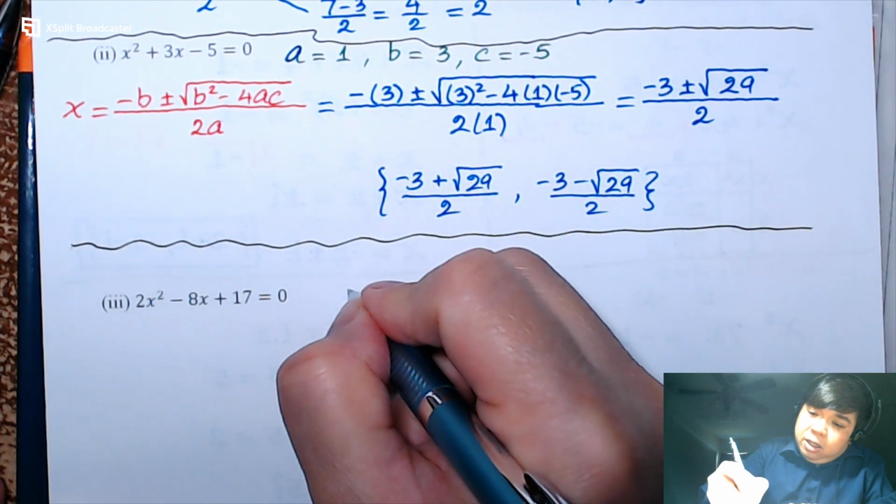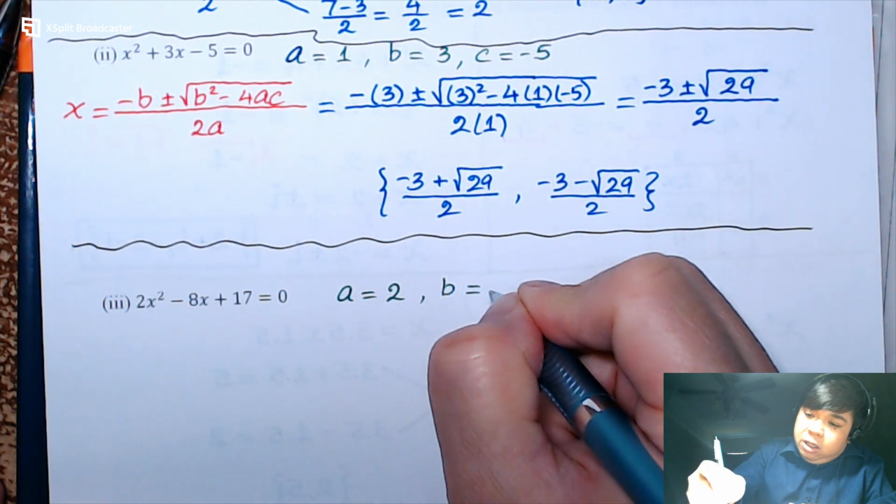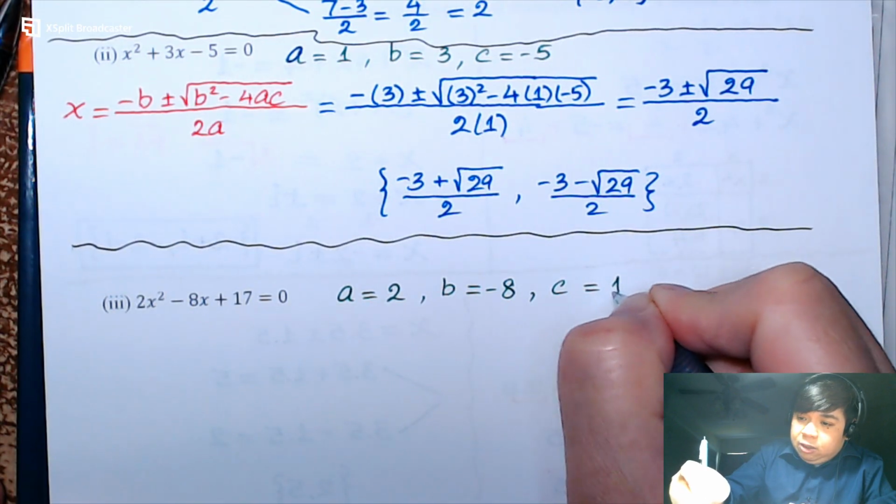Okay, so a is 2, b is negative 8, and c is 17.